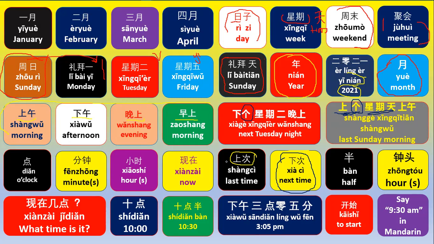Okay, so we just said shang means last in this time. So if you say shang ge xing qi tian, what does that mean? Last Sunday. Last Sunday, very good. And shang wu, what does shang wu mean?